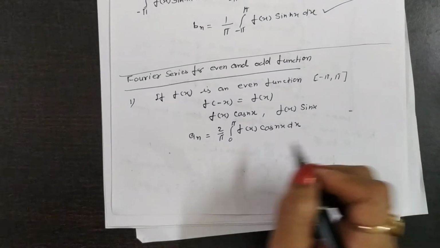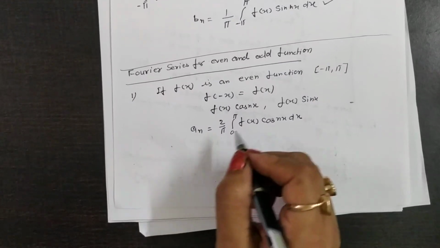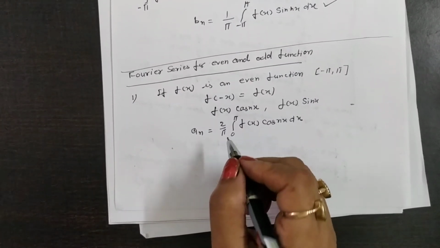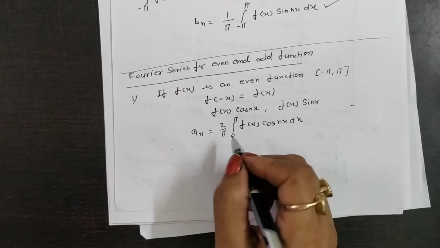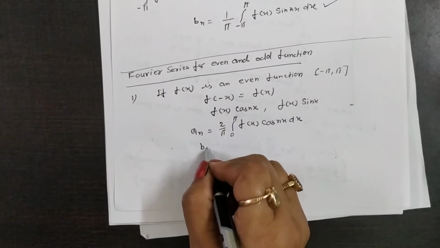Clear? Similarly, bn has the function sin nx, which is an odd function, so we get bn is 0.